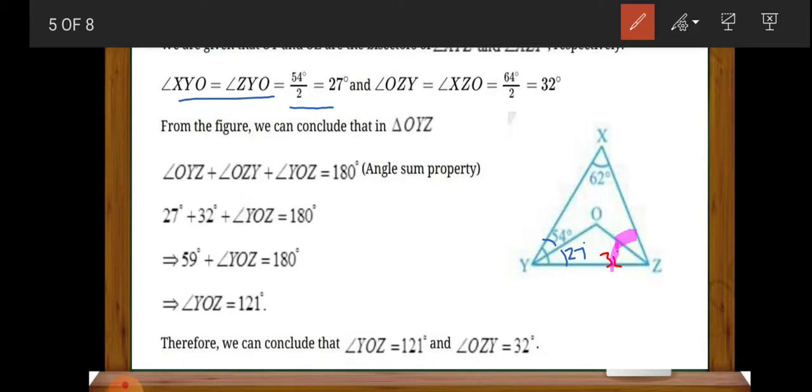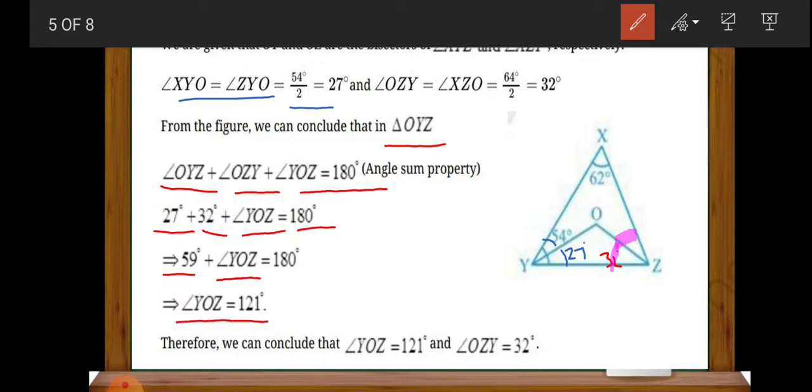So in triangle OYZ, angle OYZ plus angle OZY plus angle YOZ is equal to 180 degrees by angle sum property. As seen in the figure, the value of OYZ is 27 degrees, the value of OZY is 32 degrees, plus angle YOZ is equal to 180 degrees. 27 plus 32 is 59, plus angle YOZ is equal to 180 degrees.